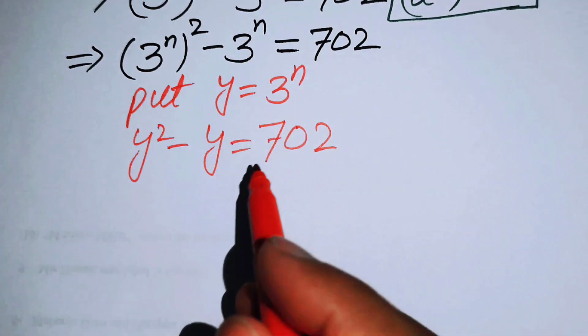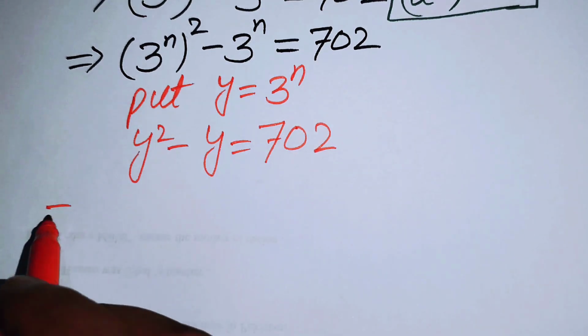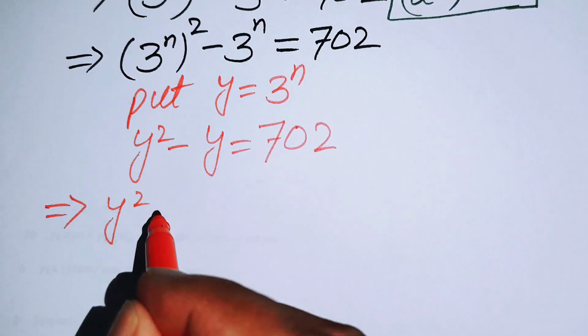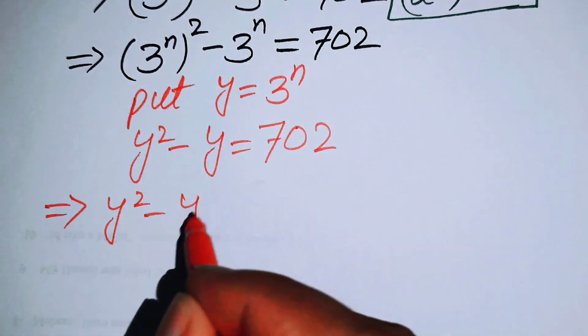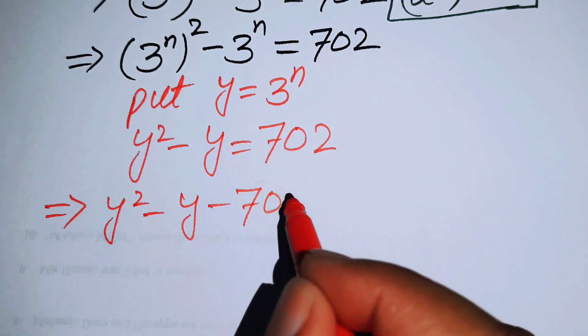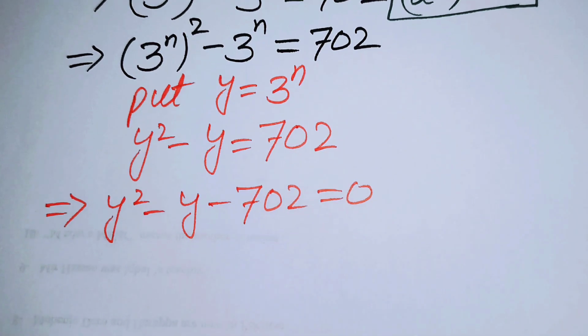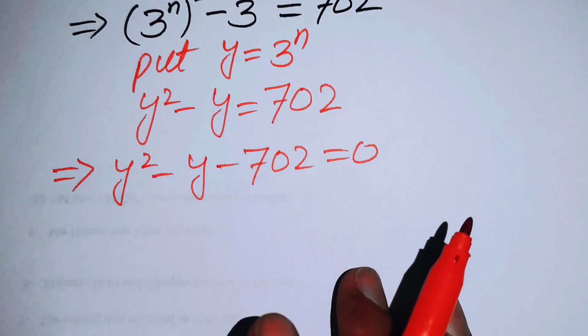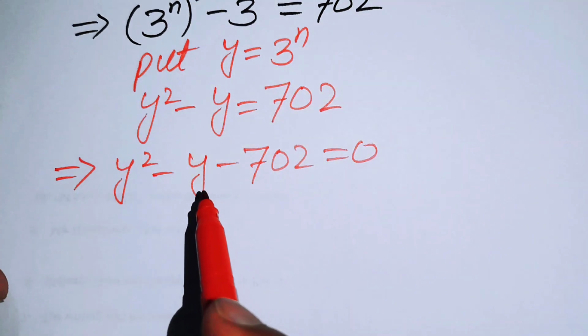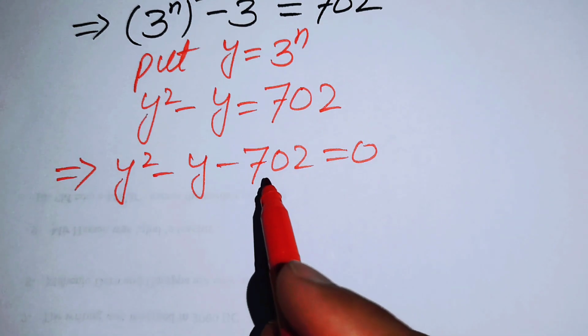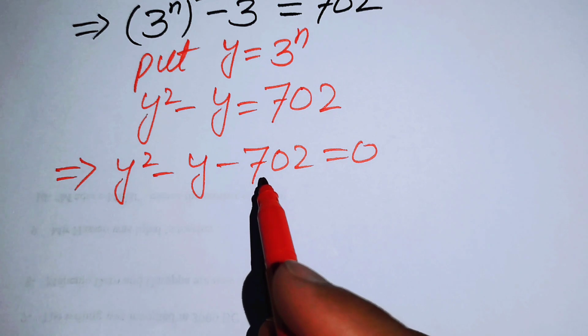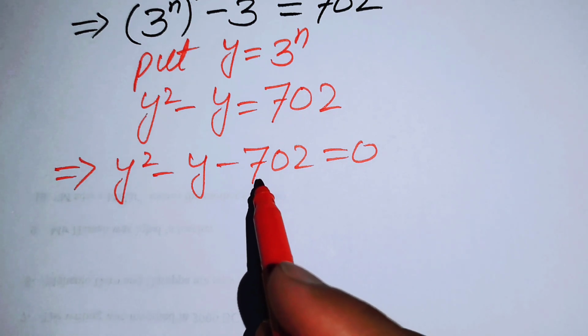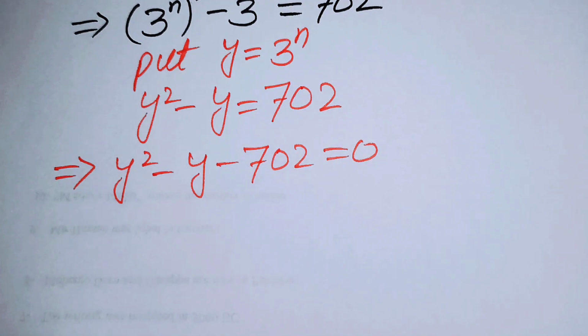After this step we can move the 702 to the left hand side, and you get y squared minus y minus 702 is equal to 0. After this step I need two factors whose product is minus 702 and whose sum is minus 1.